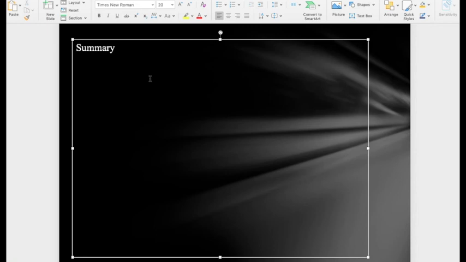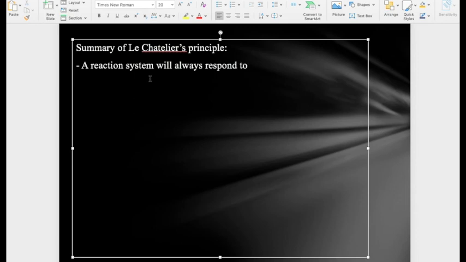Okay, so I want to get a summary of Le Chatelier's principle. A reaction system will always respond to a stressor to reestablish equilibrium.